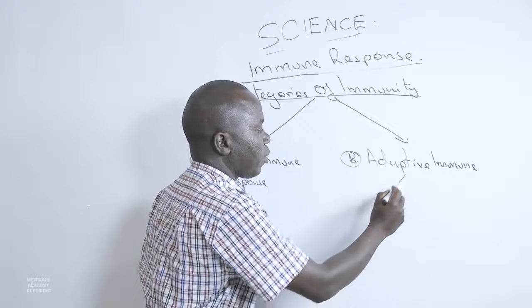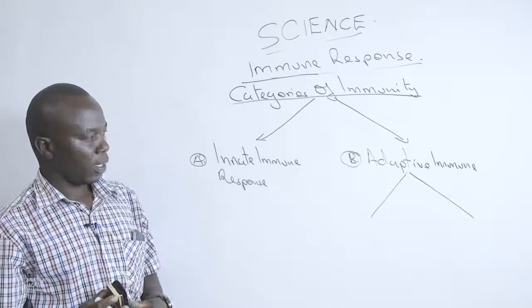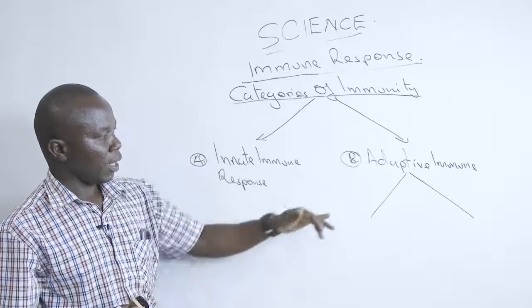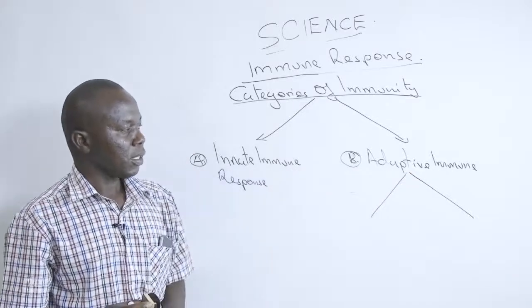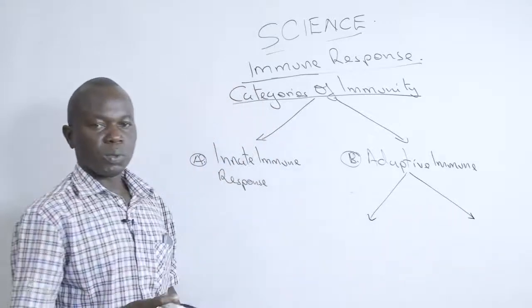So even before we look at each one of them, we can go ahead to classify further. Adaptive immune response can be classified further into two.